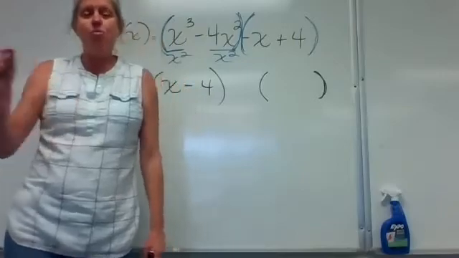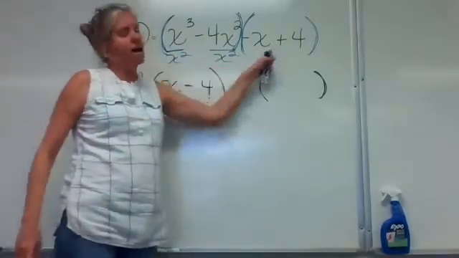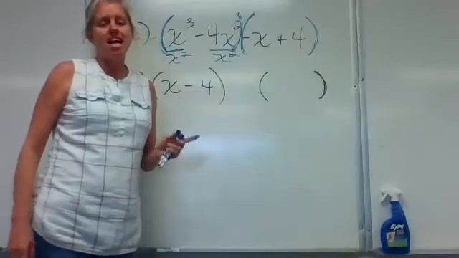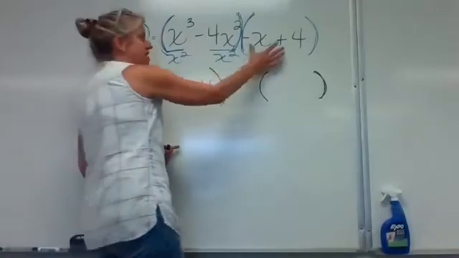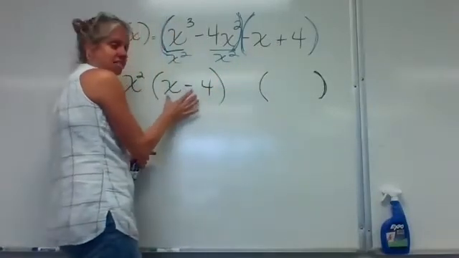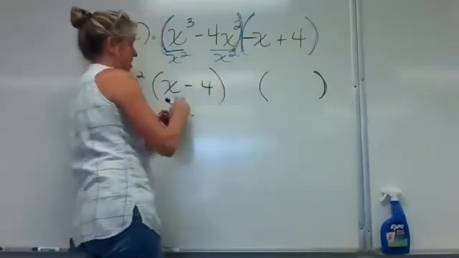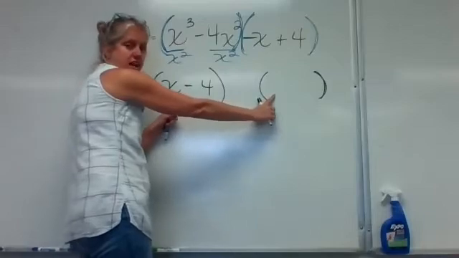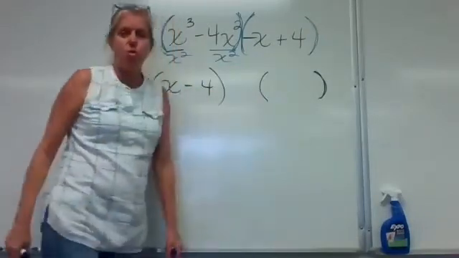You need to decide whether or not you need to take a positive 1 out of this or a negative 1 out of it. And the way you decide is, do my signs here need to change in order to match the signs here? Well, they do, because this is a negative x, and I want my leftover to be a positive x. That's a positive 4, but I want it to be a negative 4.